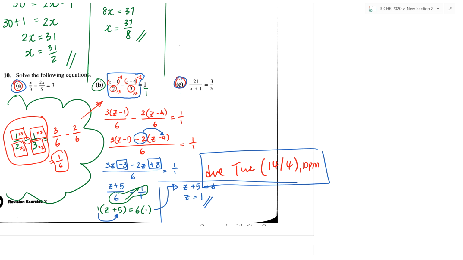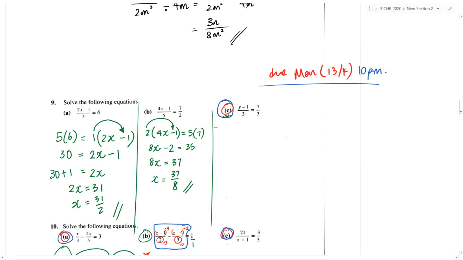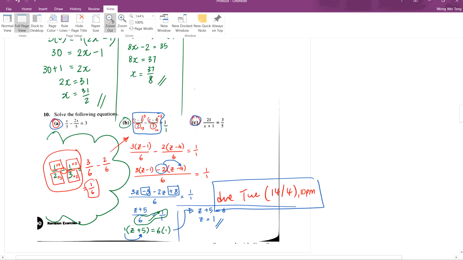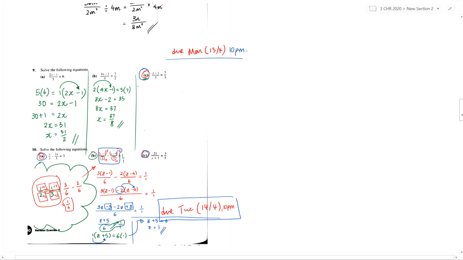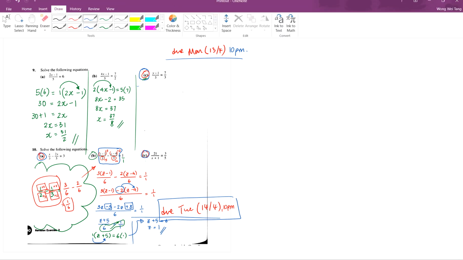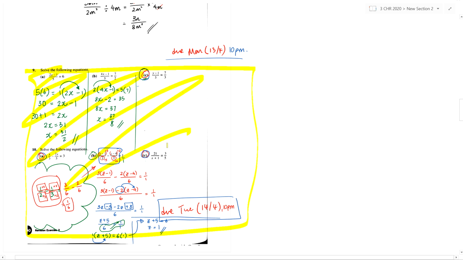Self-mark, do your correction, and take a picture of both questions, which is what I'm going to highlight now. Questions 9 and question 10. I want a photo of all of these. All these must be in your photo that you are going to upload to Google Classroom.